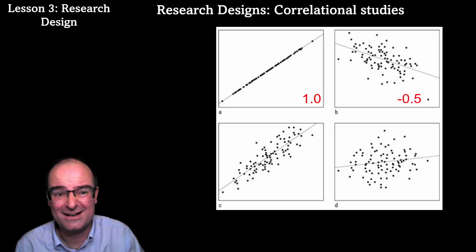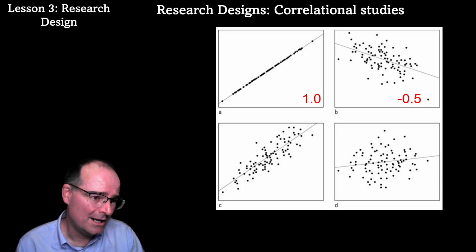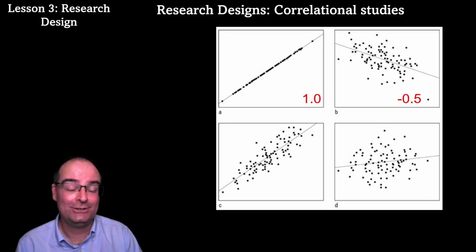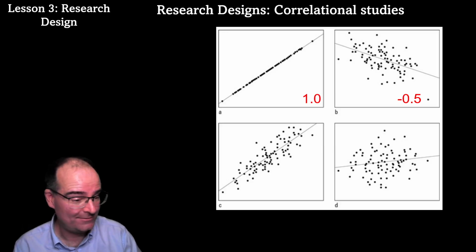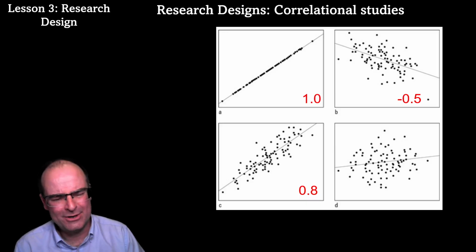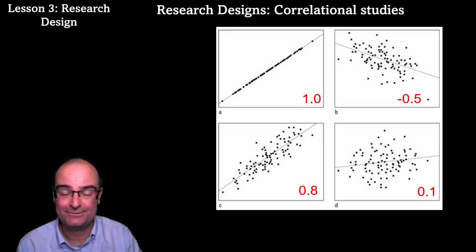There's a bit of a scatter there, so that would be a -0.5 correlation. The one on the bottom left, that's quite a neat relationship. You can see the line of best fit, even if it wasn't drawn for you. That's a positive 0.8. The one on the bottom right, though, if that line of best fit wasn't there, you'd have trouble seeing the relationship at all. That's a very weak positive correlation of 0.1.